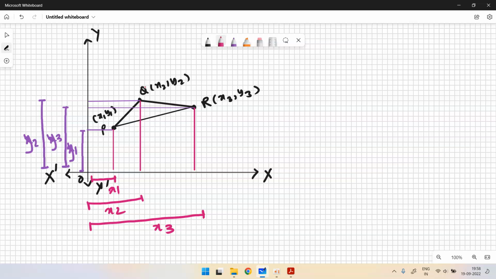Now let me make this. This is 90 degrees, this is also 90 degrees, this is also 90 degrees. Let me name them A, B, and C. So you can see from the figure what this much length is.